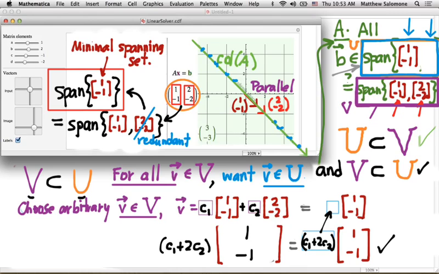So it spans: everything in the column space is a linear combination of 1, negative 1, but it's also minimal in the sense that we're explaining this with as few vectors as possible. And a minimal spanning set for a vector space or a vector subspace is called a basis.